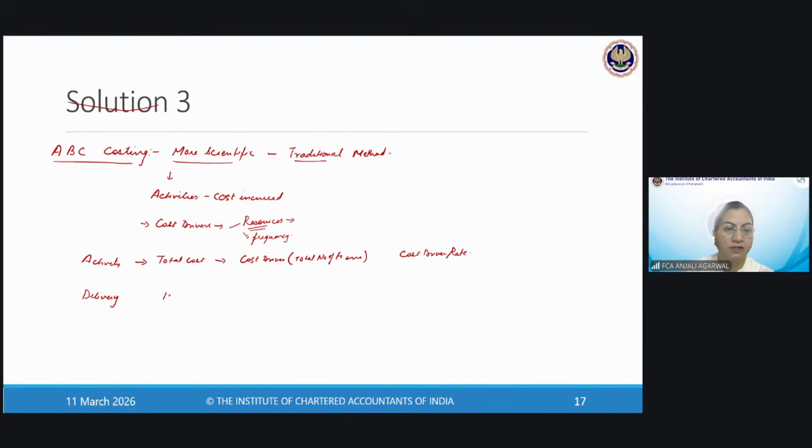Total cost was 10,000. The number of deliveries is the cost driver, and the total number of deliveries in this case was 20. So the cost driver rate would be 10,000 divided by 20. Every time there is a delivery, 500 rupees are incurred.